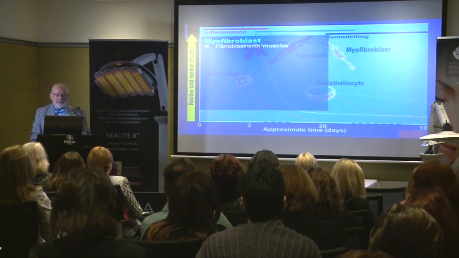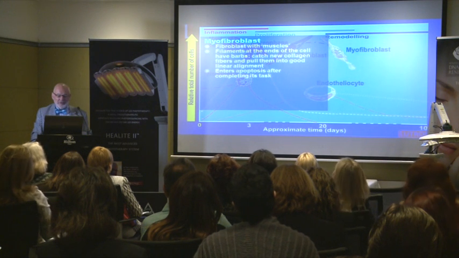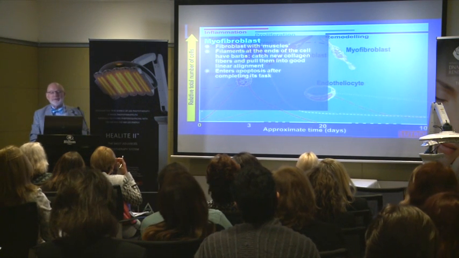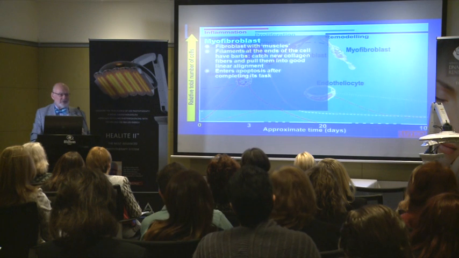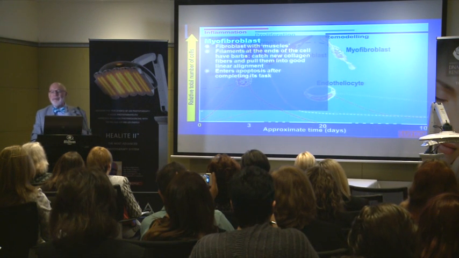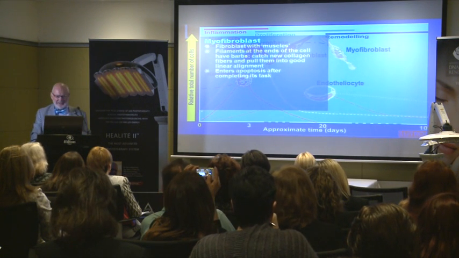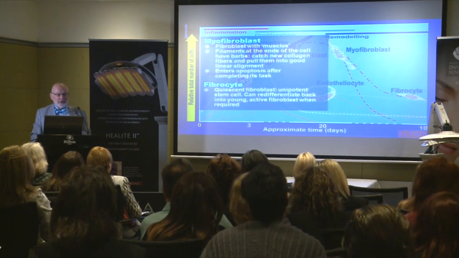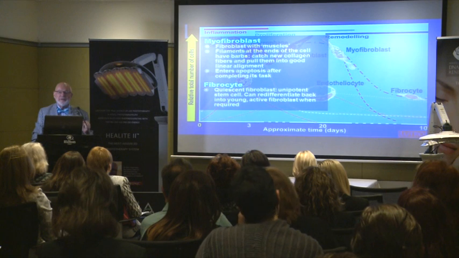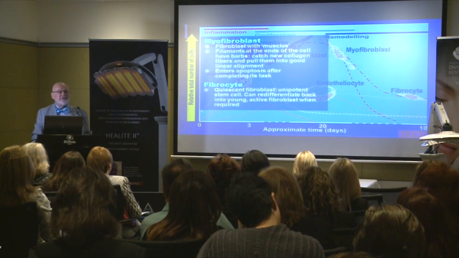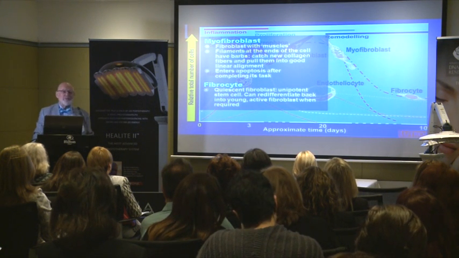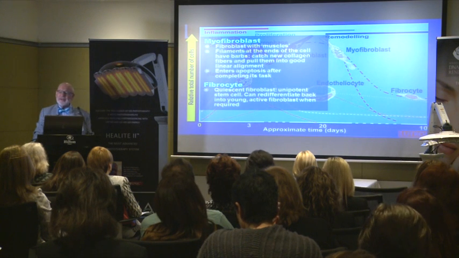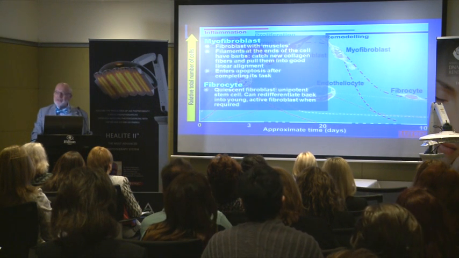Unfortunately the poor old myofibroblast has limited use, and once it's finished, it goes into apoptosis and it dies. But then some other fibroblasts, because there are still too many fibroblasts, some of them de-differentiate into fibrocytes. And a fibrocyte is like a unipotent stem cell.